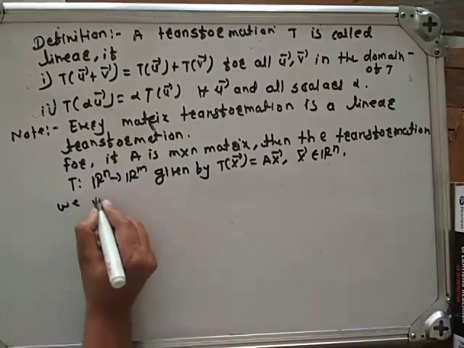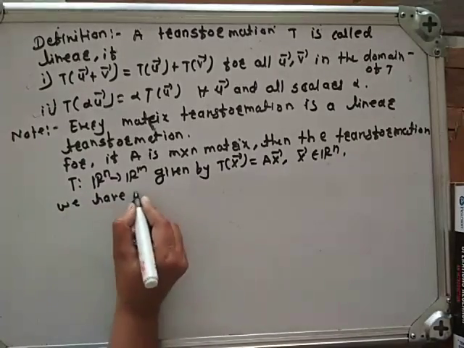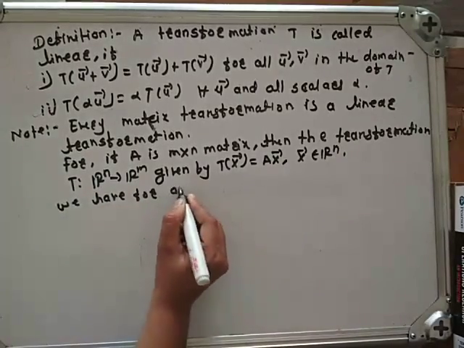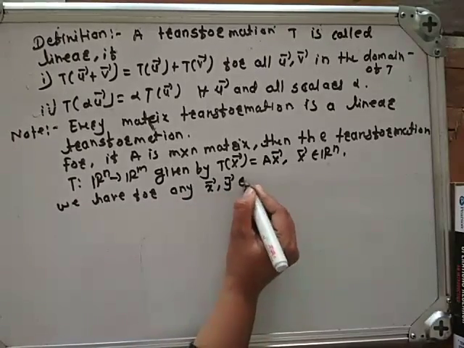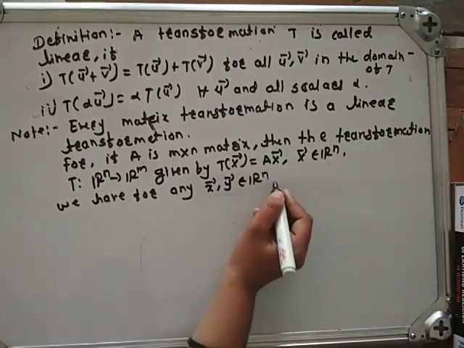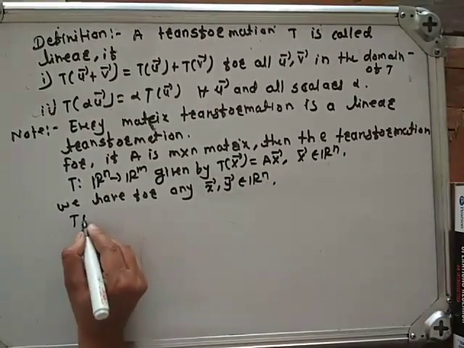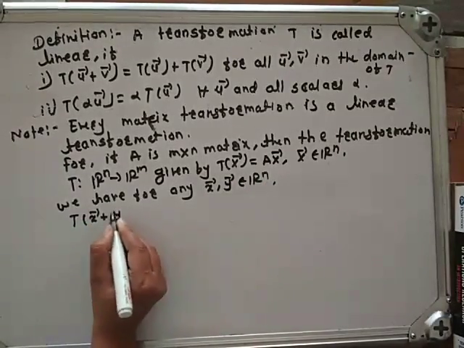We have for any x bar comma y bar belongs to Rn, T of x bar plus y bar.